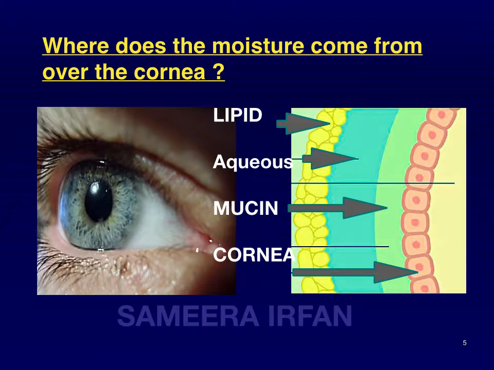Then at the end of the blink, as the eyelid separates from the lower lid, it carries the tear meniscus upwards and spreads it uniformly over the whole corneal surface, provided the corneal surface has already been rendered hydrophilic by the mucin glycocalyx complex.